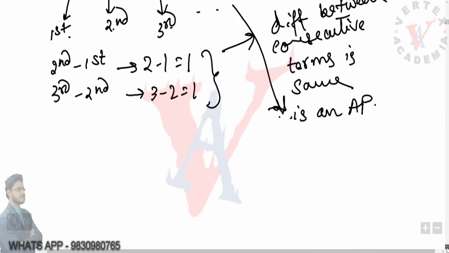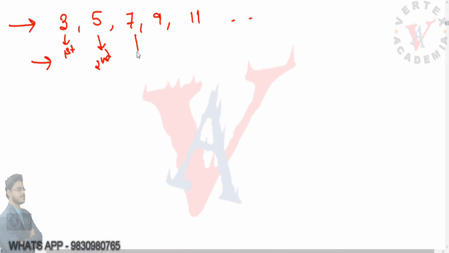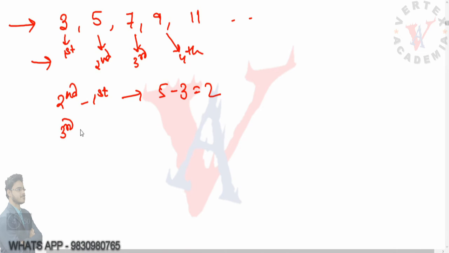Now looking at more examples, let us take a sequence like 3, 5, 7, 9, 11, and it goes on. So here this is the first term, this is the second term, this is the third term, this is the fourth term. Okay, so now second minus first is 5 minus 3 equals 2. Now again third minus second, so basically the term after minus the term before.